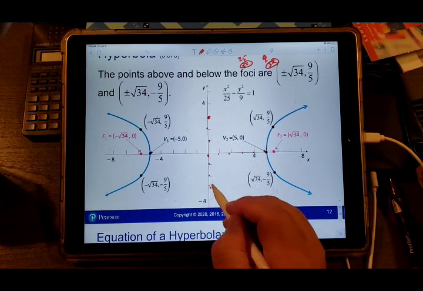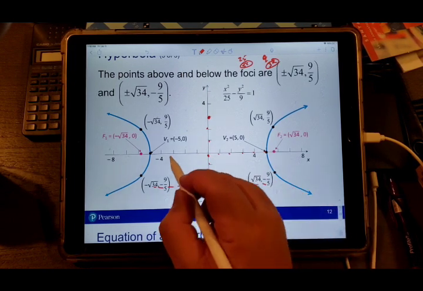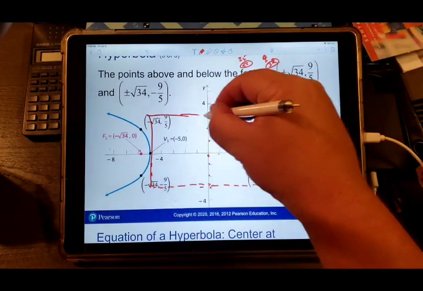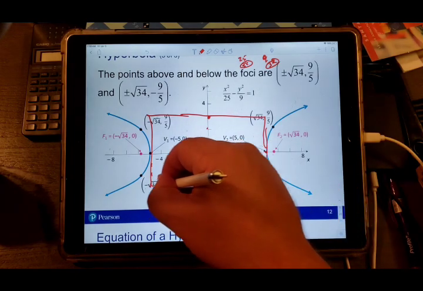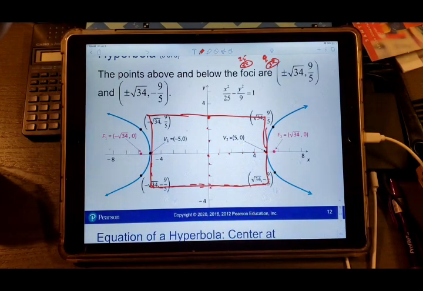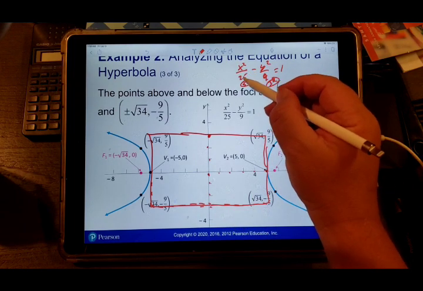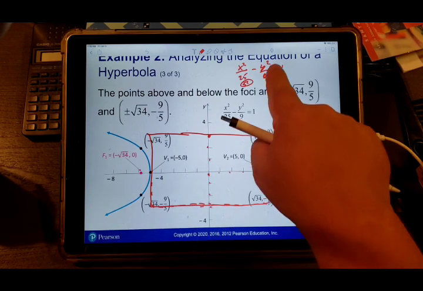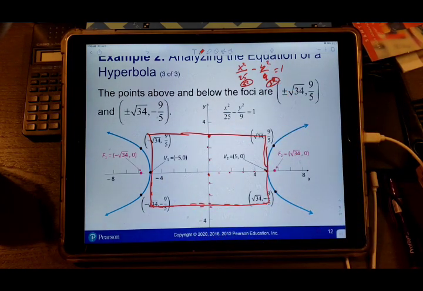So all I'm doing is using a technique for graphing an ellipse, a hyperbola, by drawing that box. That box is what I get when I see x over 5 squared: I go 5 in each direction on the x-axis. y over 3 squared, I go 3 in each direction on the y-axis.